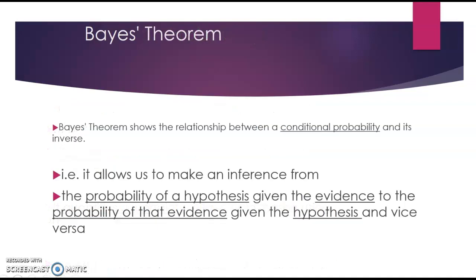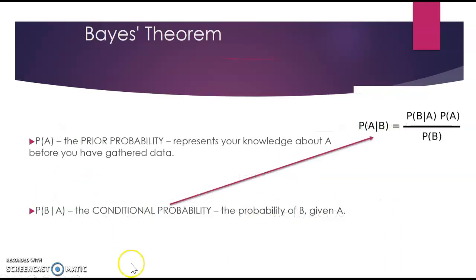Bayesian updating is related to conditional probability. Bayes' theorem shows the relationship between conditional probability and its inverse. It allows you to make an inference from the probability of a hypothesis given the evidence to the probability of the evidence given the hypothesis, and vice versa. That sounds really weird, but this should look kind of familiar.